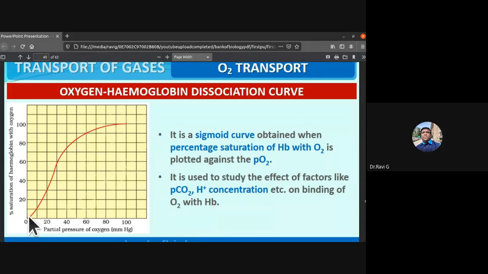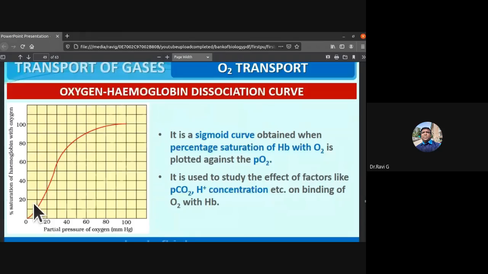When the partial pressure of oxygen is very low, the percentage saturation of hemoglobin with oxygen is also low. When the partial pressure of oxygen is high, the percentage saturation of hemoglobin is also high. So a sigmoid curve is obtained for the oxygen hemoglobin dissociation curve.